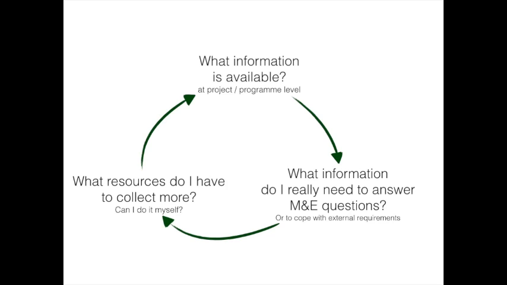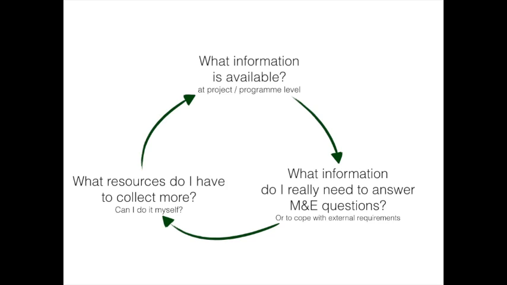When we say what information is available, it's also external information. Your partners may have information that would be useful for you, and you could then concentrate on the information that is not available yet.